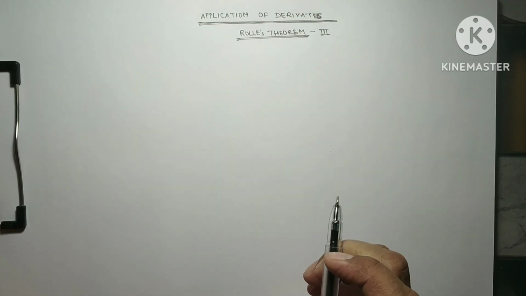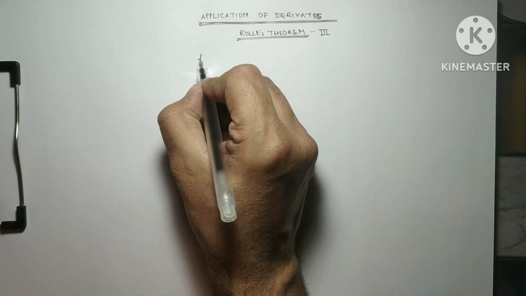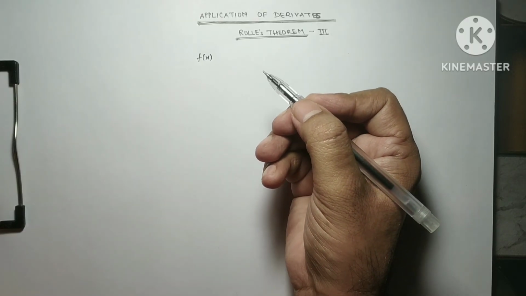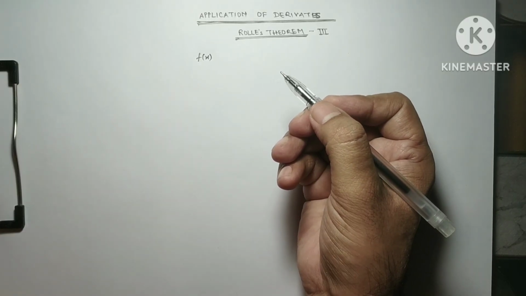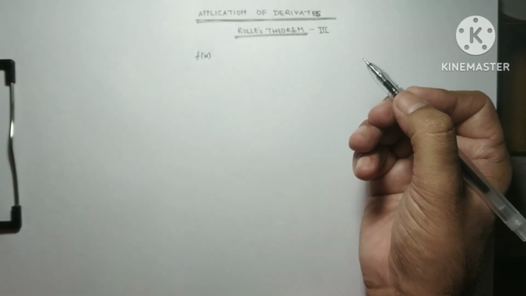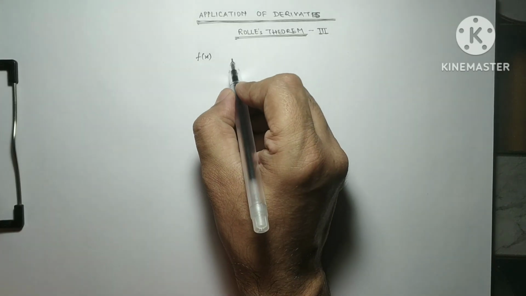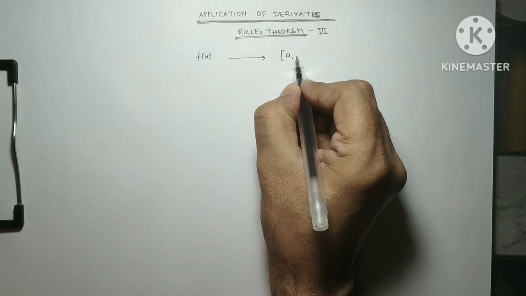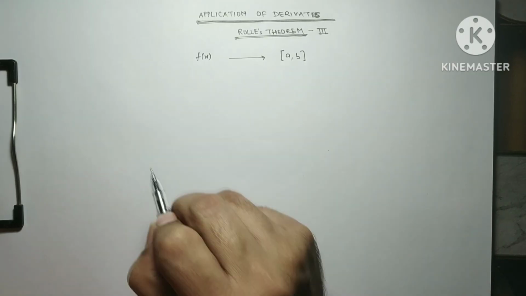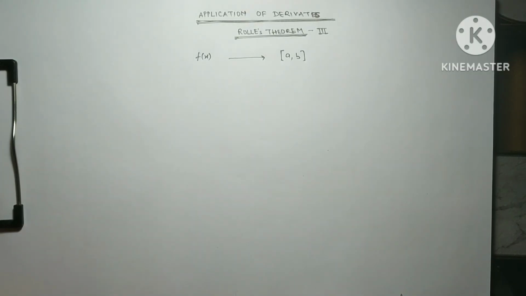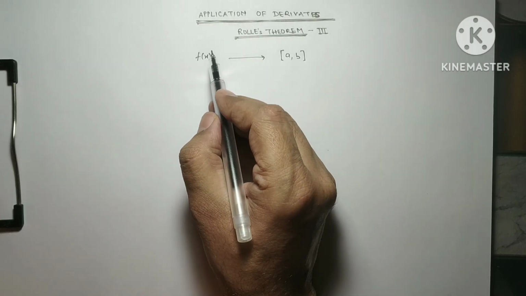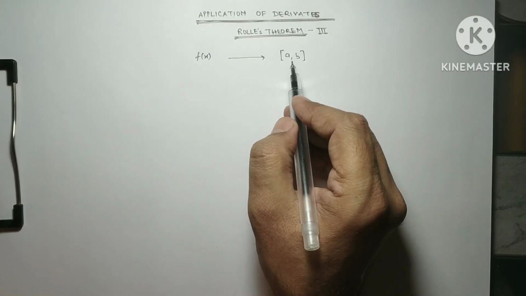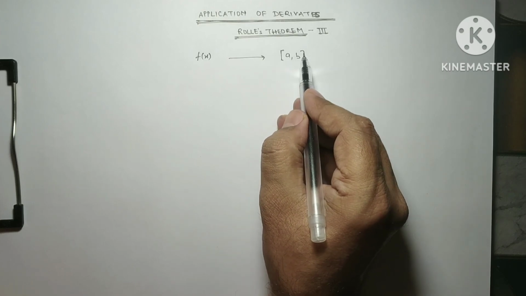According to Rolle's theorem we have a function, any type of function: trigonometric function, log function, exponential function, inverse function, any one. And one more thing, you have an interval. So according to this, we want to verify Rolle's theorem on this function at this given interval.